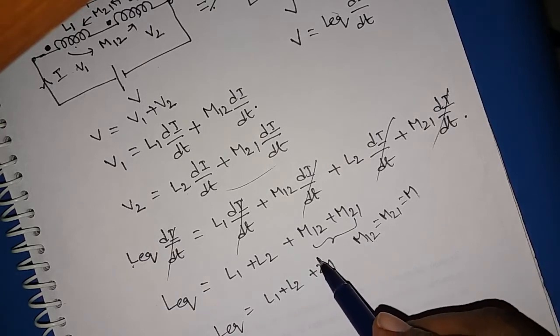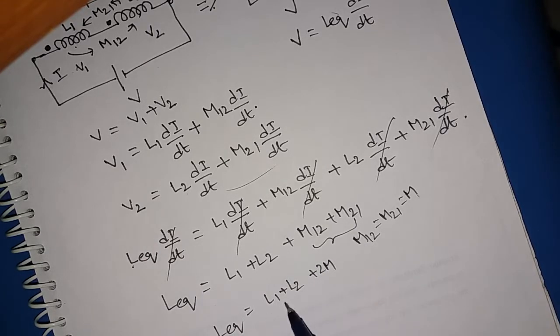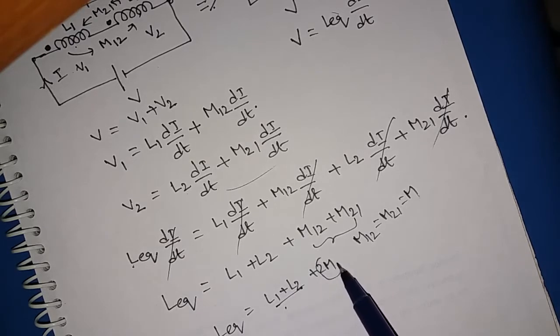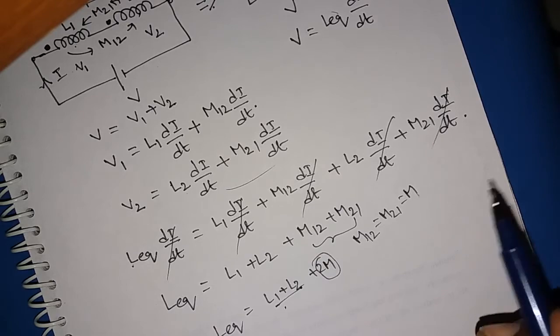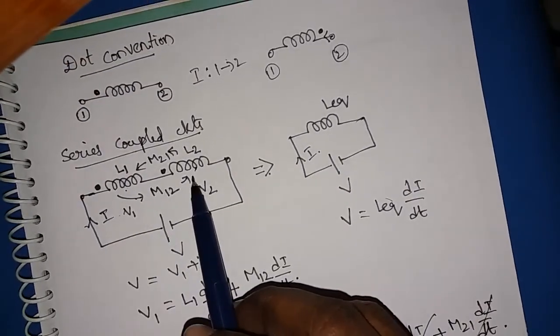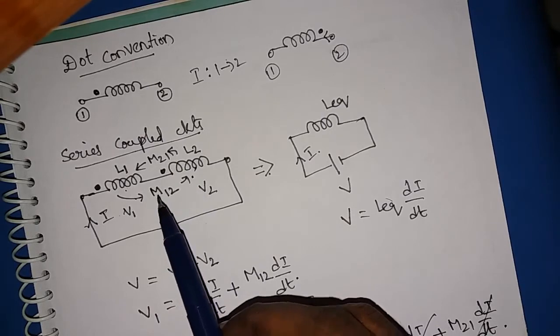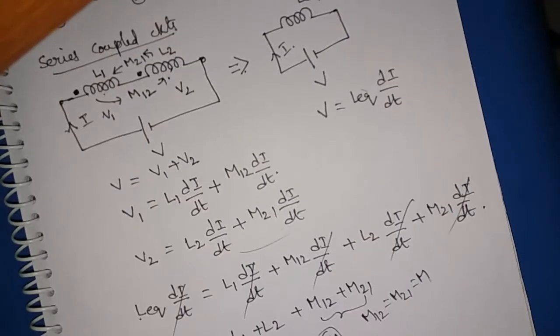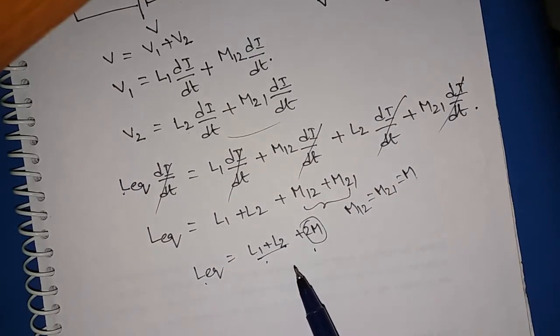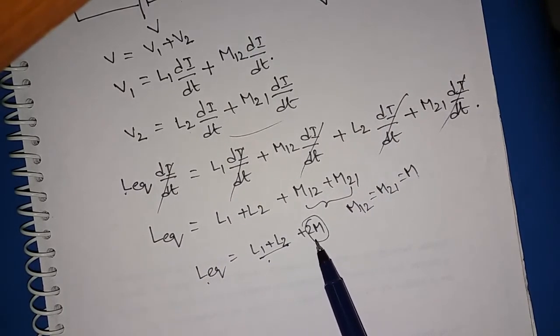So the actual equivalent inductance is L1 plus L2, but it is increased by twice the mutual inductance. So we say these two are coupled to aid each other, because the total inductance is increased by twice the mutual inductance.